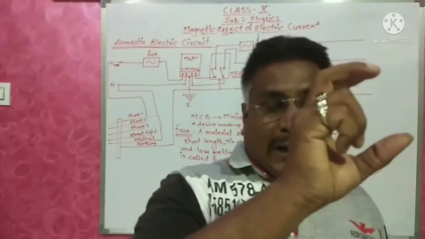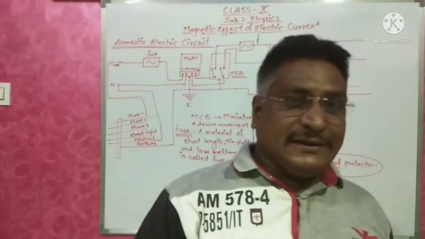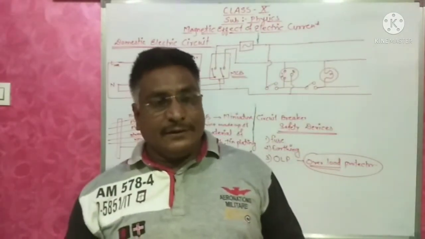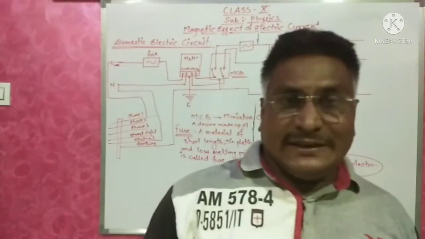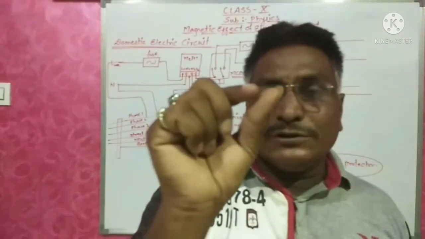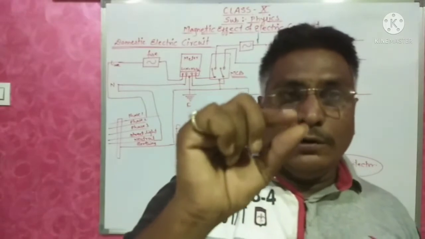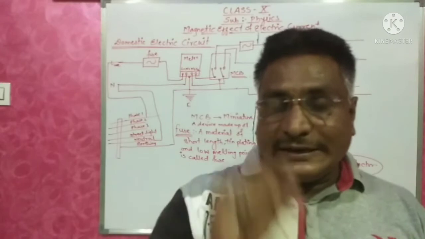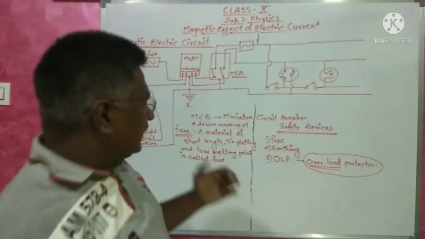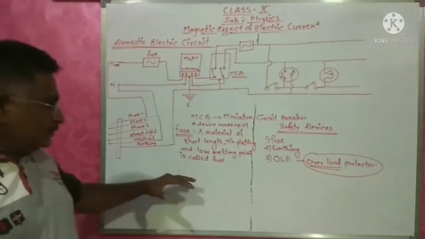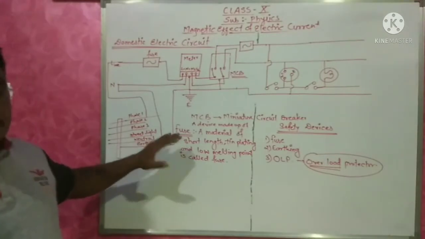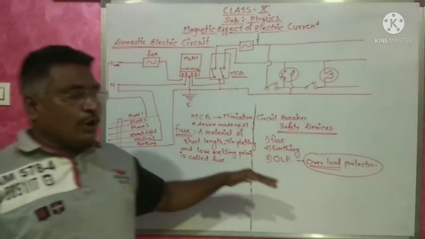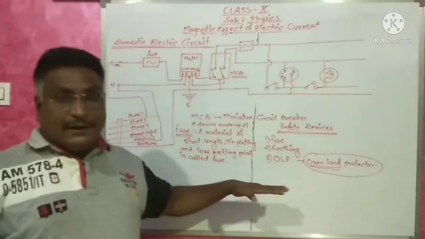Where electrical appliances like TV, tape recorder or mixer are there, behind them a fuse grip is there, a small cylindrical case with wire inside. That is also a fuse. So many kinds of fuse are used. This fuse protects our devices and our home from short circuiting and overloading.